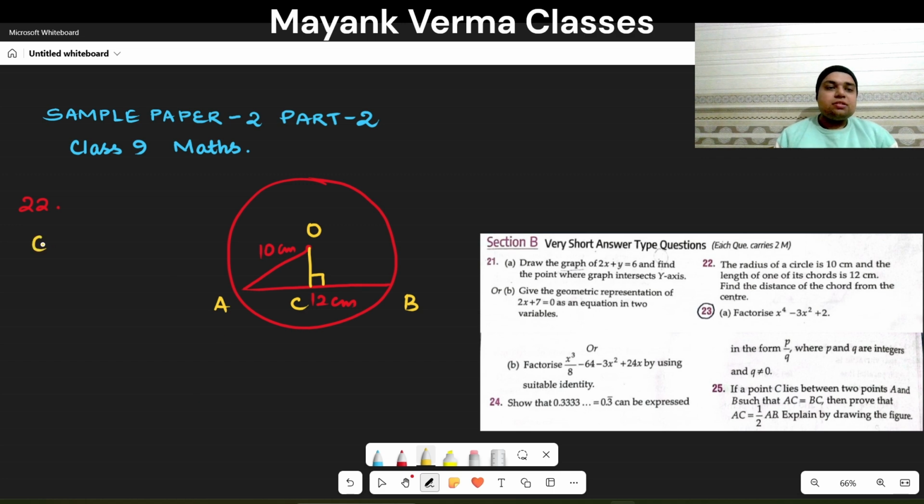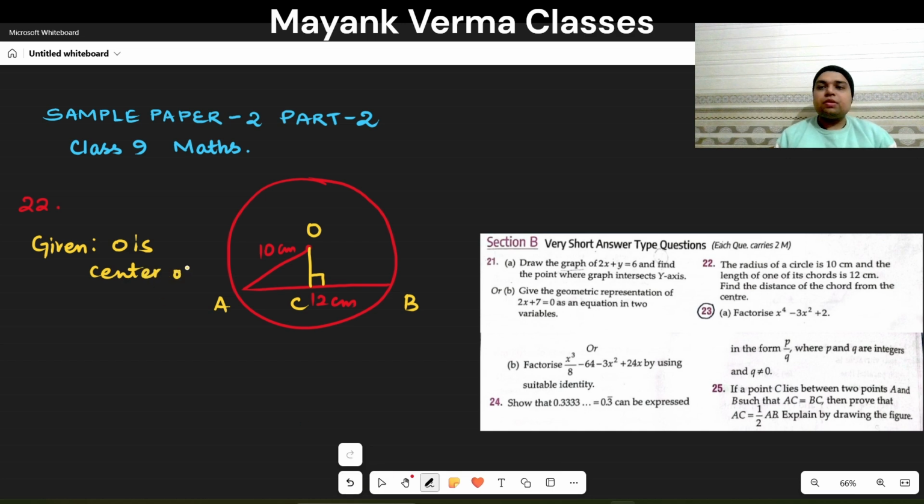So what is given to us in this? O is the center of the circle, right? Also what is given to us?